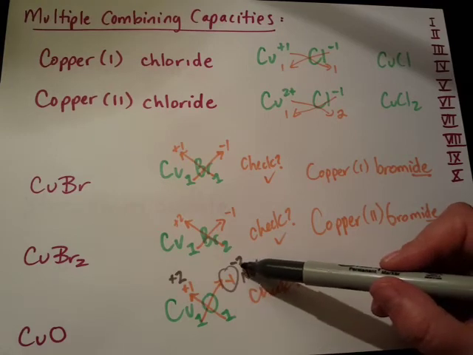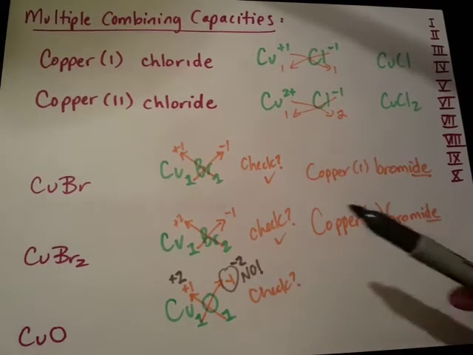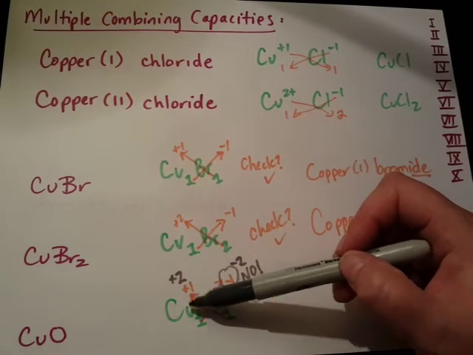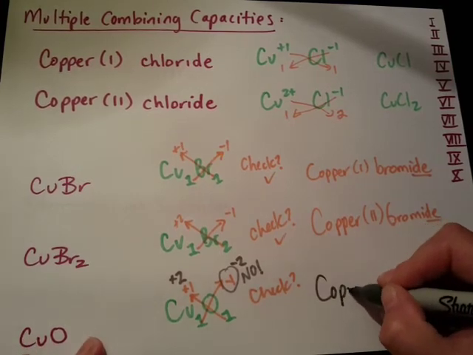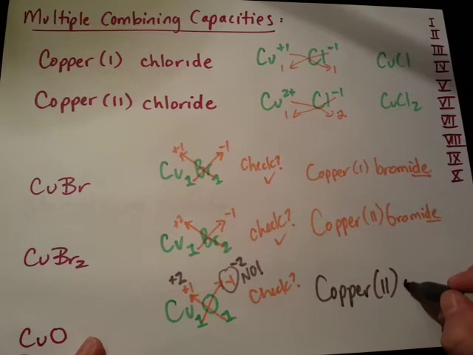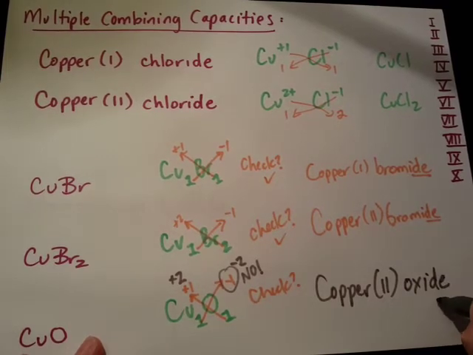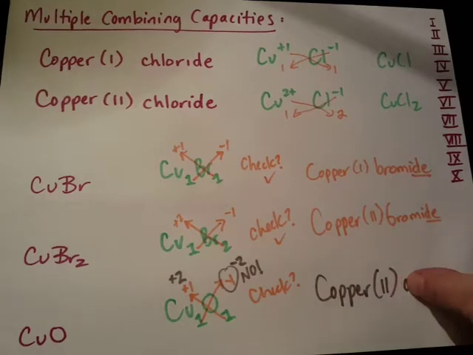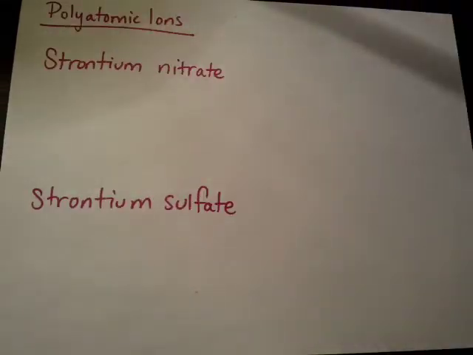It forms a -2 ion. So we have to backtrack and ask, how do we get that 1-to-1 relationship? By making sure copper is a +2. Copper 2, and then that'll be oxide. So that one is a little bit tricky. You always want to check.